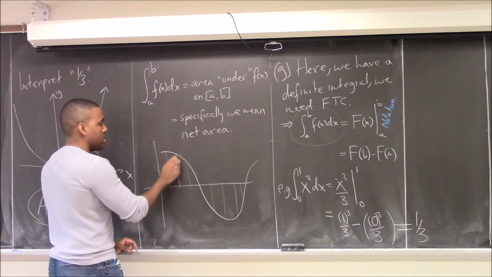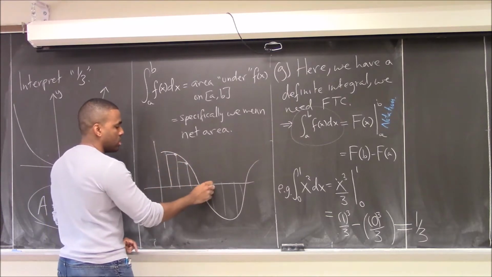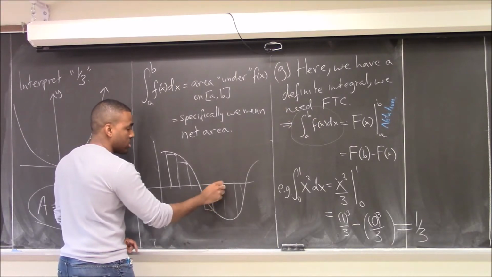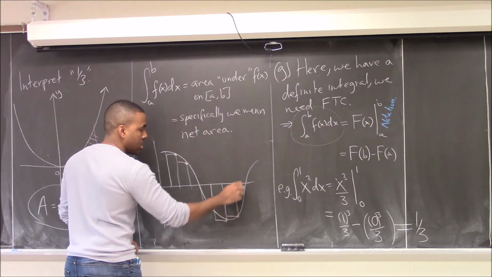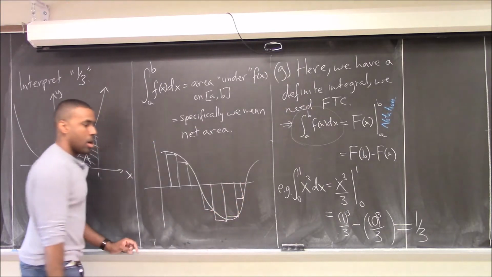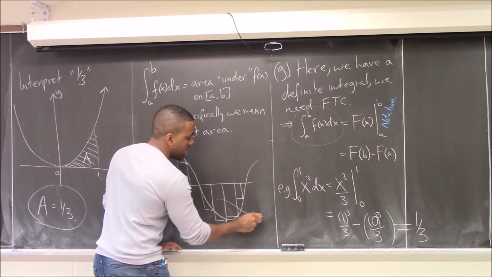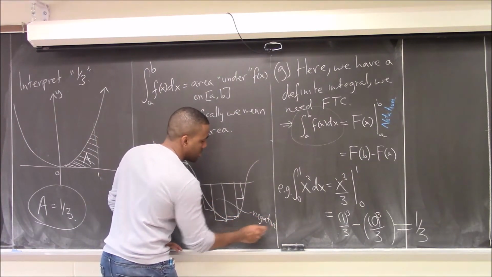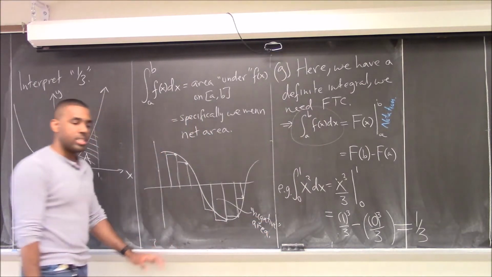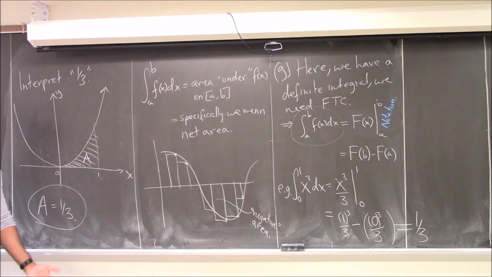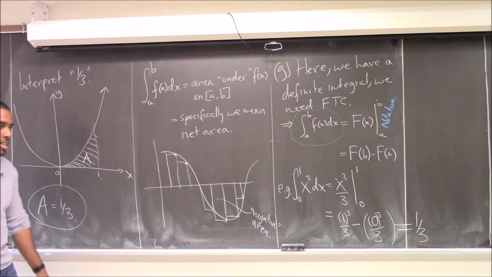You realize that doing the right hand, for example, you'll get rectangles where the heights are negative. So what you get down here is you get a negative area. The value you get is negative, and that doesn't mean that there's such a thing as negative area. It just means there's a part of the area that's under the x-axis.